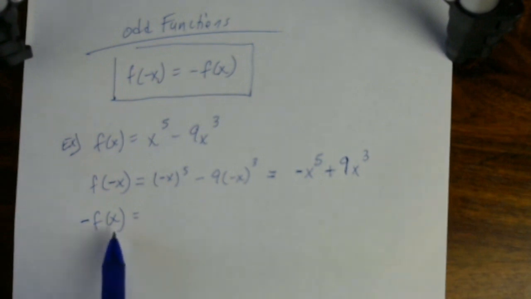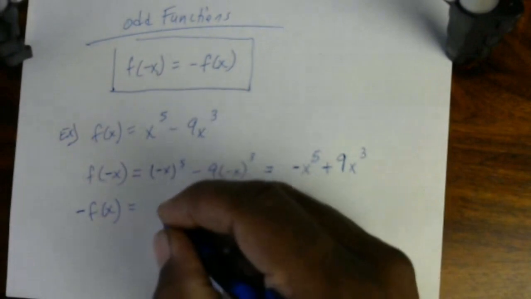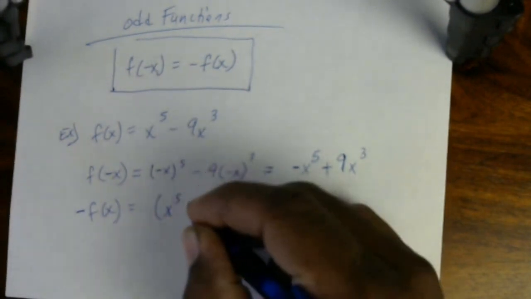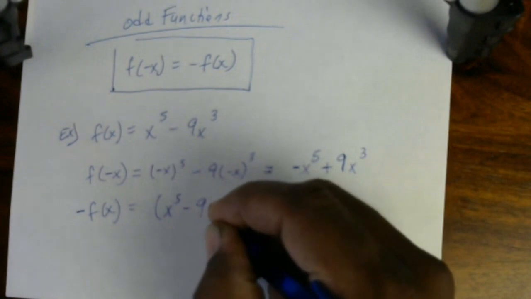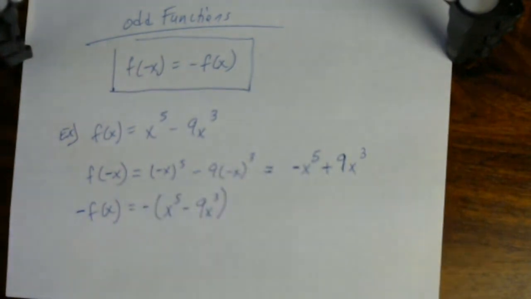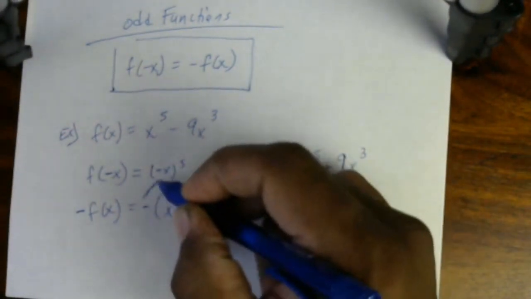So now how do I find this piece, negative f of x? Well, I have to take whatever f of x is, and f of x is x to the 5th minus 9x cubed, and I have to multiply it by a negative. So now I'm going to distribute.